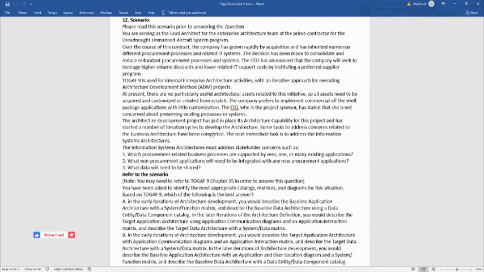program. TOGAF 9 is used for internal enterprise architecture activity. At present, there is no particularly useful architecture asset related to these initiatives. So all assets need to be acquired and customized or created from scratch.